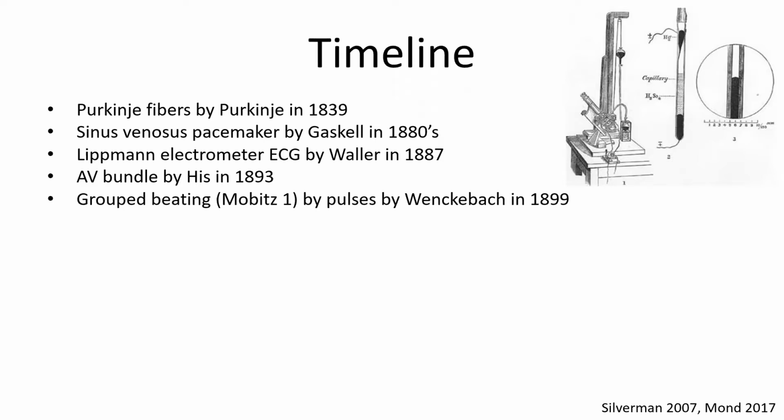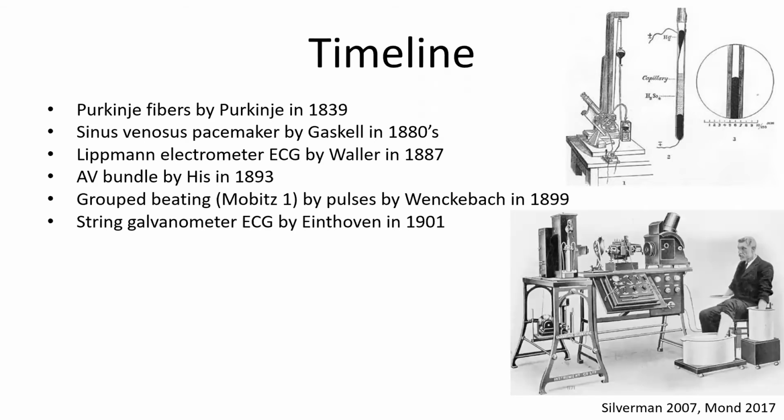Wenckebach first described his group beating pattern, named after him, by looking at arterial and jugular pulsatility. The well-recognized string galvanometer by Einthoven produced the first EKG in 1901. 1906 was a particularly busy year for discovery in the cardiac conduction system.